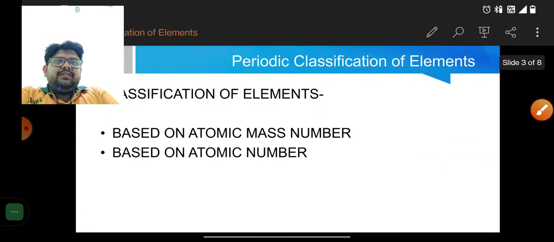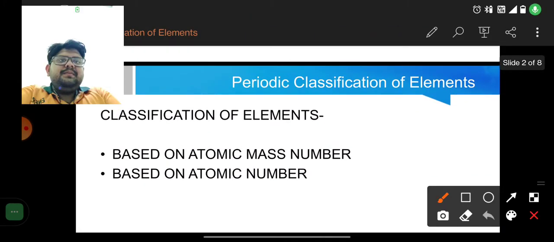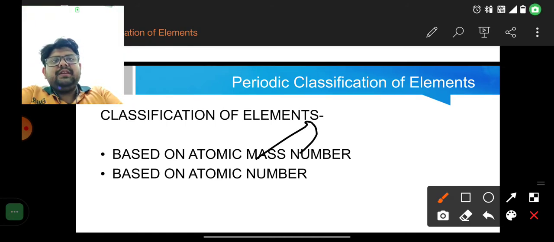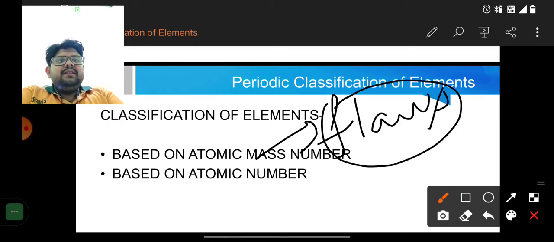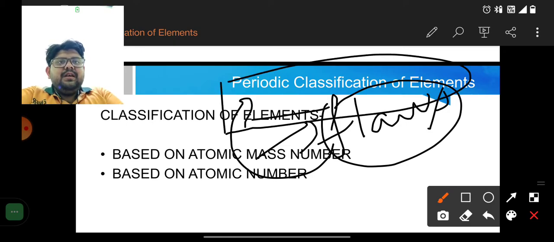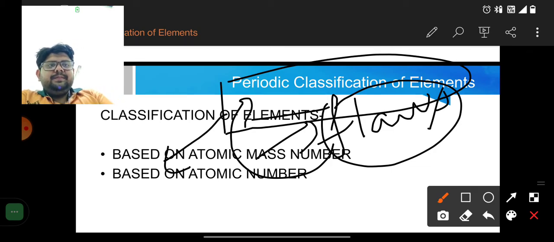The classification based on increasing mass number is not very significant because it has many flaws. But please remember that these were the earliest attempts made by scientists for the classification of elements. So due to this reason, they are very important.